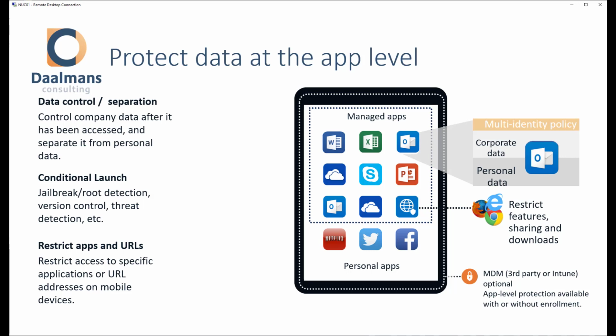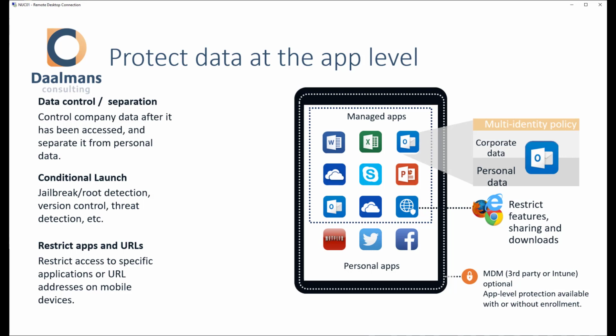And with the app protection policies, we only manage the corporate side of the app. The personal Outlook.com address is for the user themselves, and the corporate address is managed by the company, by the company's policies.